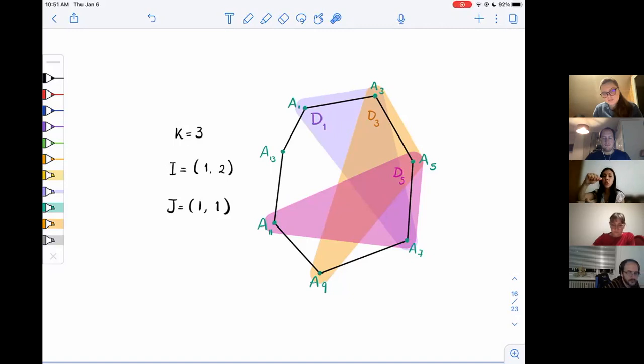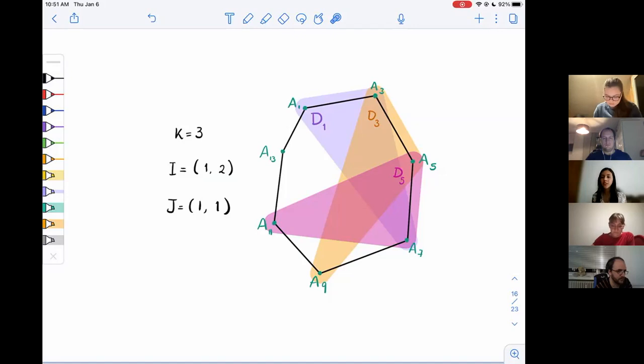So I have D1, D3, and then D5, and the intersection of all of these three is going to give me the first vertex of the image of the polygon under the pentagram map. And then for the next vertex, I'll consider D3, D5, D7, and that will give me the second vertex and so on.